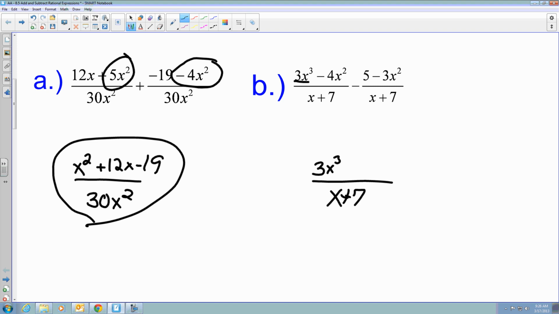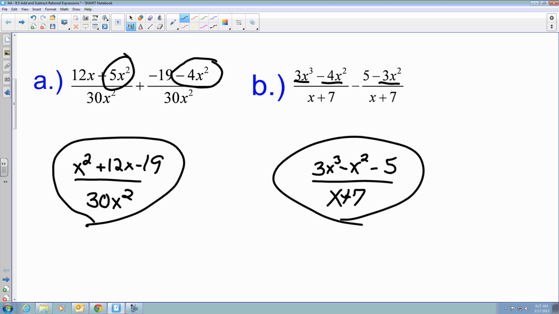I'll have like terms here, but I have a negative 4x squared minus a negative 3x squared. So that'll leave me with a minus x squared. And then I don't have anything with my 5, but because it's a minus 5, I'm just going to go minus 5. And that is as simplified as I can do.